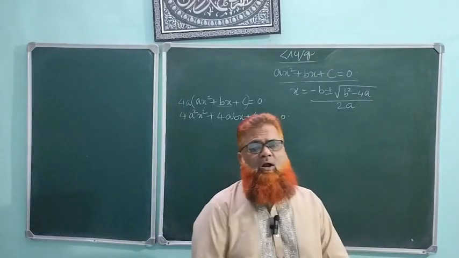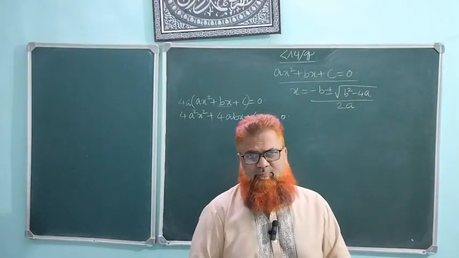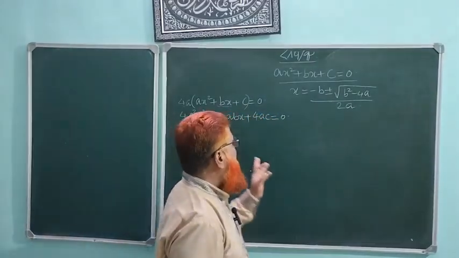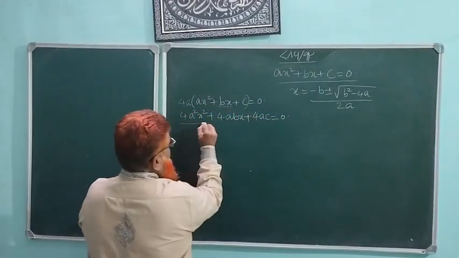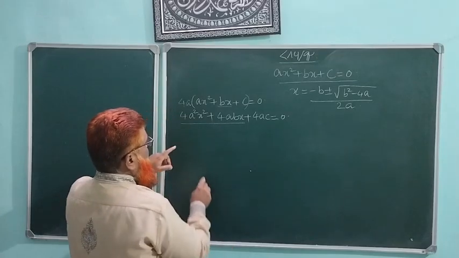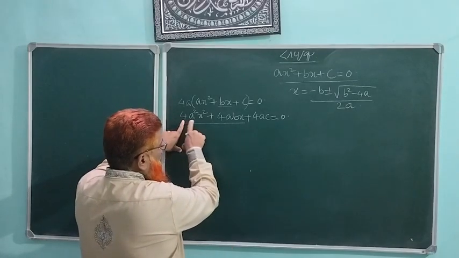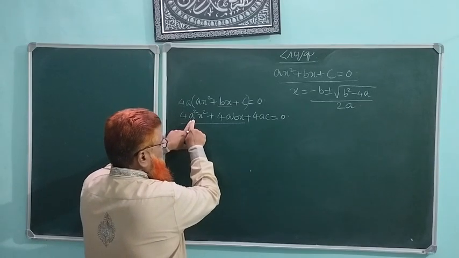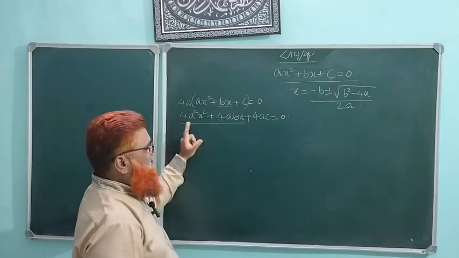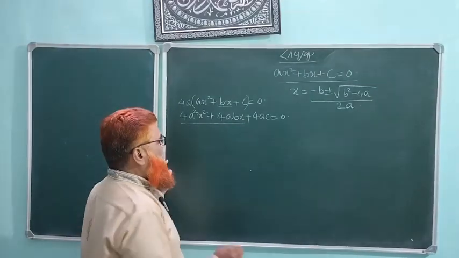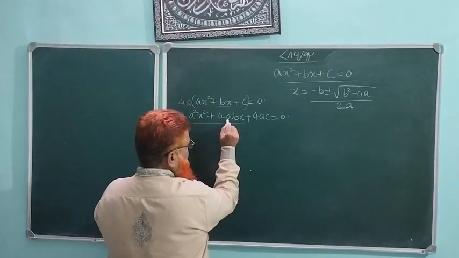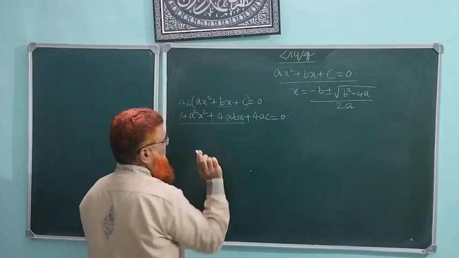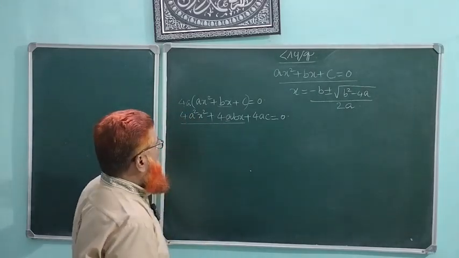Alright. Now you have to make a perfect square. In the first part, 4 is a perfect square, a square is a perfect square, x square is a perfect square, isn't it? When we compare this, the square root of a square is a and the square root of x square is x.